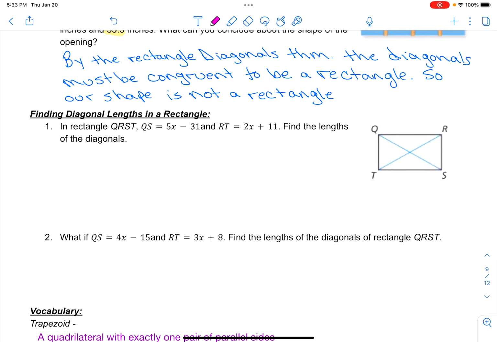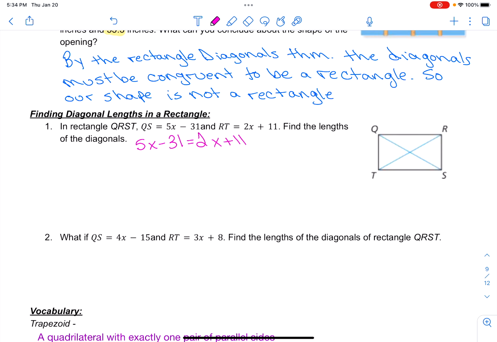Find the lengths of the diagonals. Well, QS is one diagonal and RT is another. Again, back to that theorem, these need to be congruent in order to be a rectangle. So the length of QS has to equal the length of RT. So we can say 5x minus 31 equals 2x plus 11.